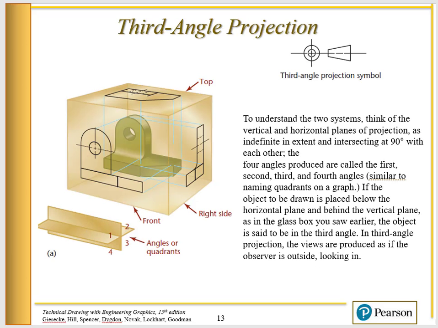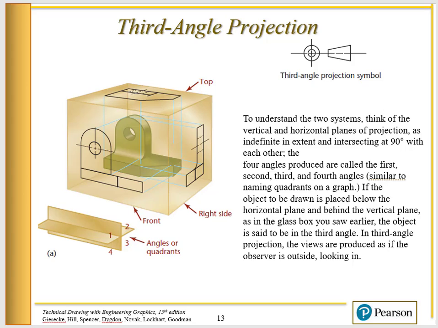I'm going to talk about third angle projection versus first angle projection. First of all, third angle projection is how most drawings are done in the United States. This comes back to how the box was unfolded when we did our glass box, and we tried to unfold it to show the views.